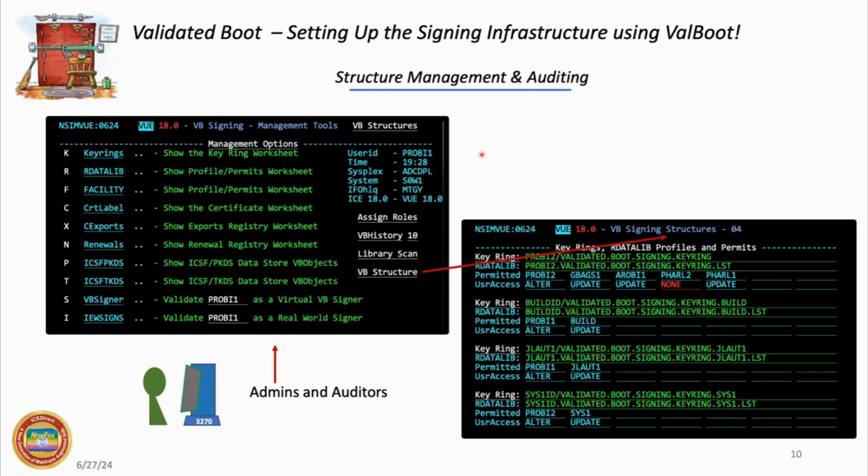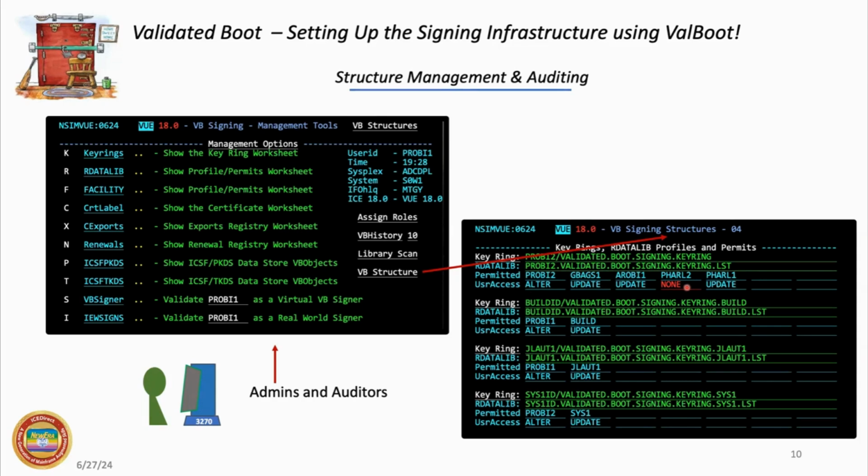So, tools for the individual roles and users: administrators, full tool set, and access to an important component in ValBoot called the VB structures. This is a summary of all the operational structures that exist within the validated boot environment. And so you can see here, for example, we begin by describing each of the key rings and then the RACF data log profile that protects those key rings, the users who are permitted to those key rings, and what user access they have, pointing out those that may have, for example, none or read.